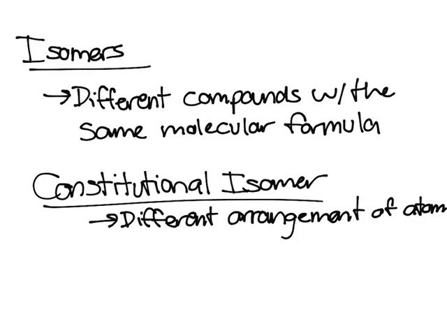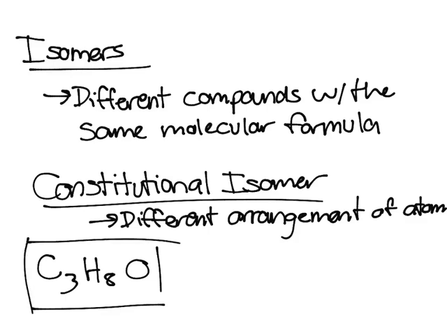And so, for example, if you're given a molecular formula of C3H8O, you could have something like this. I'll do it in red. Remember, the ends right here are designating CH3s. So you could draw that out. And then, so that's a constitutional isomer.